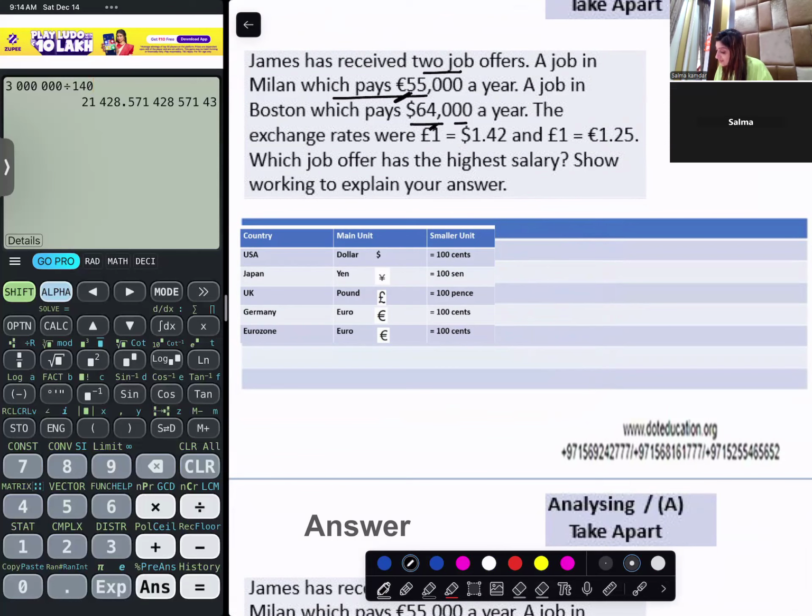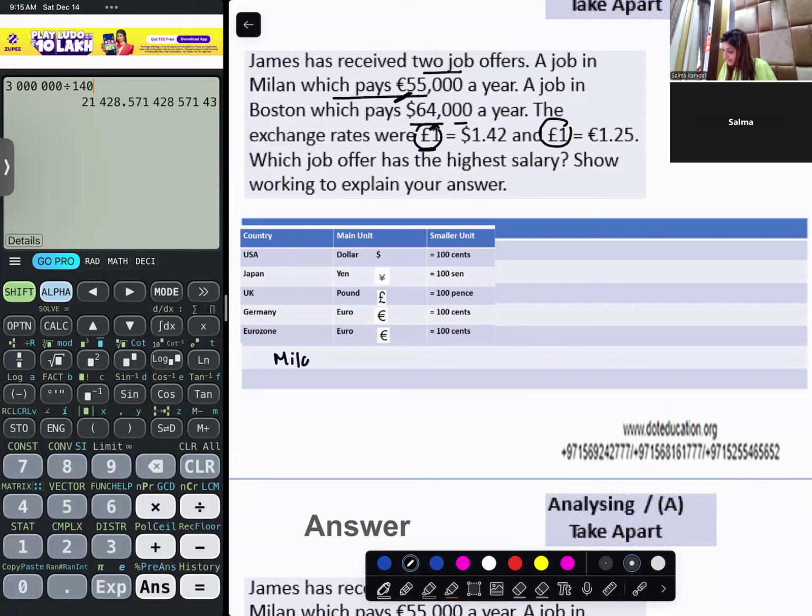The exchange rate is 1 pound is $1.42 and 1 pound is 1.25 euros. Everything is given to us in different currencies, so we convert it into pounds to find which job has the highest salary.